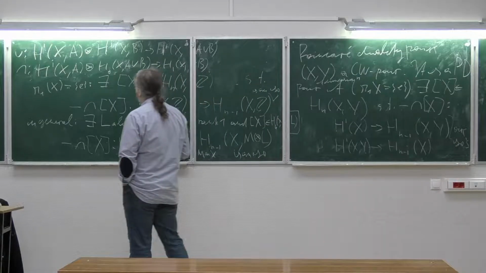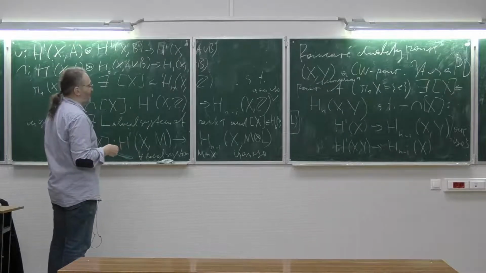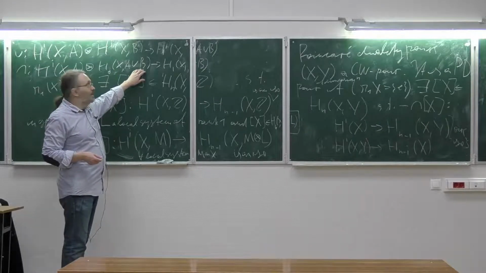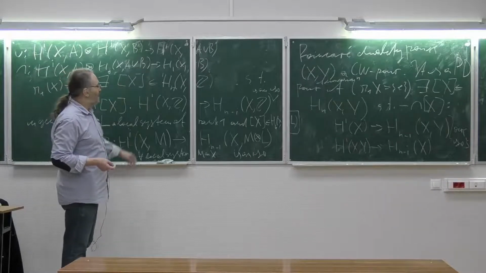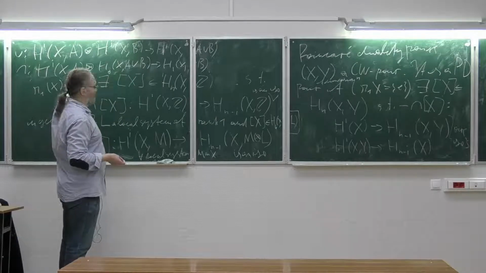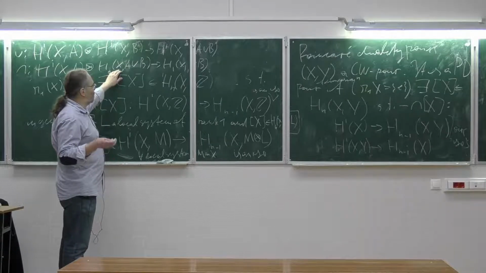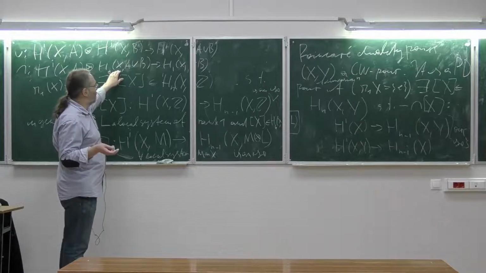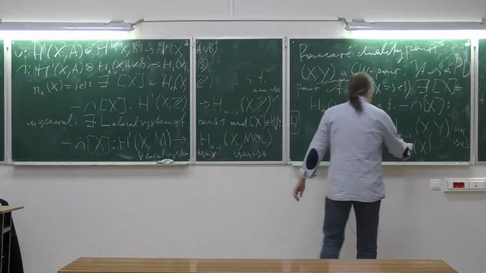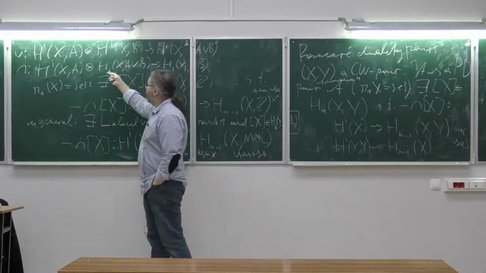In particular, in this formula, I can take B equal to the empty set and A equal to Y. Then I get the relative homology tensor the relative cohomology to the absolute homology. Or I can do vice versa: I can take A empty and B equal to Y, and then I get the other map.